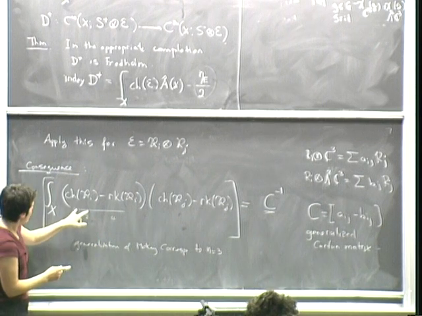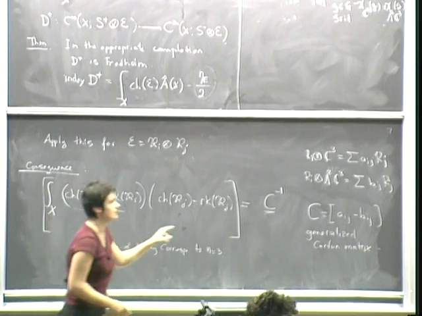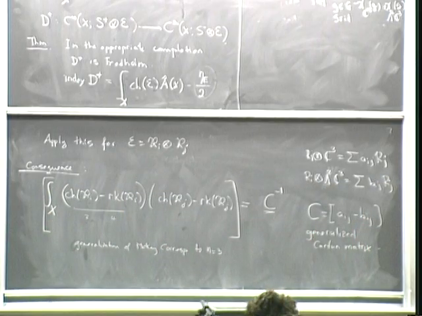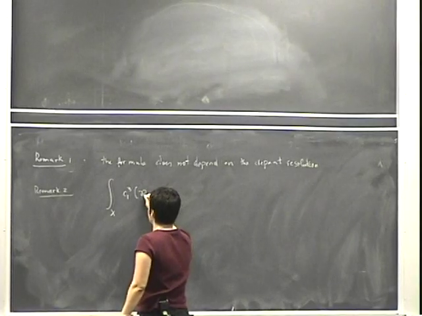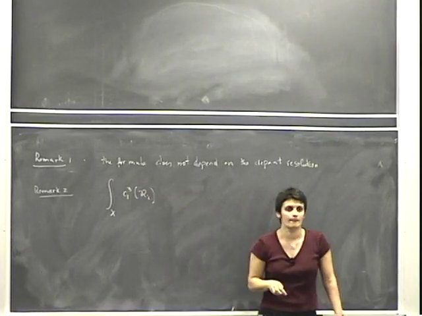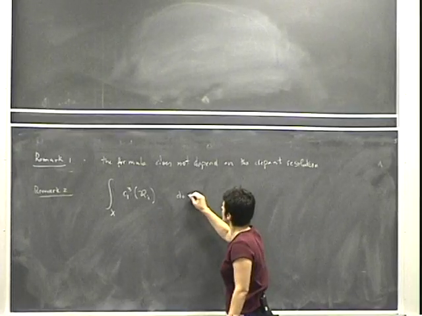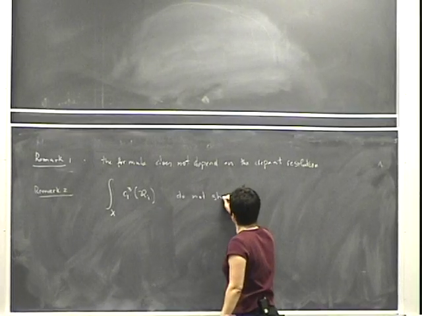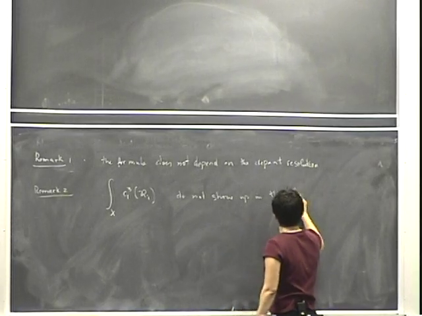So in here, you will never get elements like C1 cubed of Ri. They do not show up in this formula.